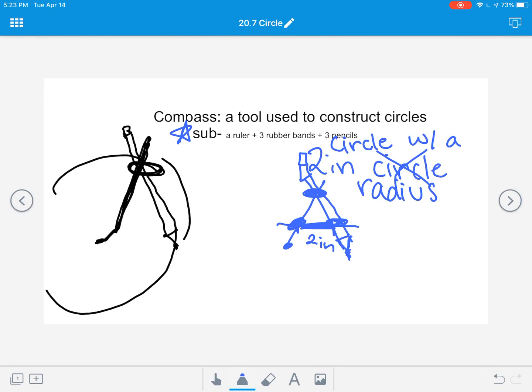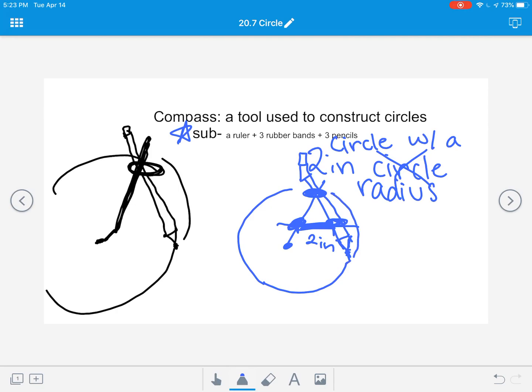The reason why it's the radius and not the diameter of the circle is because this point here where we have our pencil coming across 2 inches from the other pencil is just half of the circle. So when I start to draw this circle and I draw it around, it'll look somewhat like this when we're done.